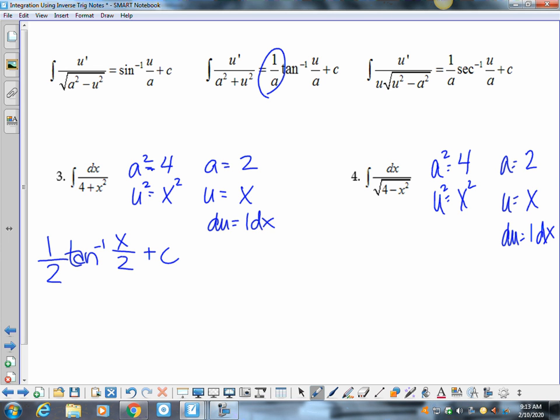So I don't need a thing. And this is now sine. So sine inverse of x over 2 plus c.